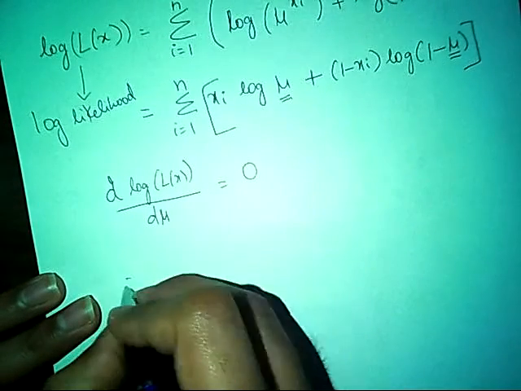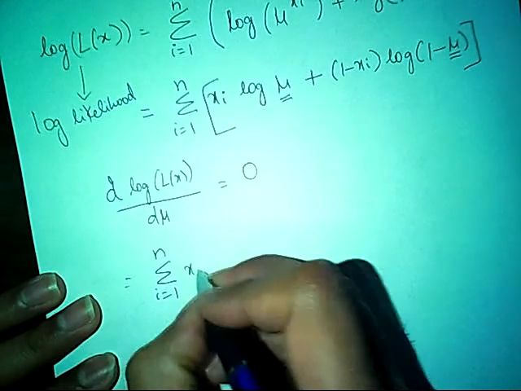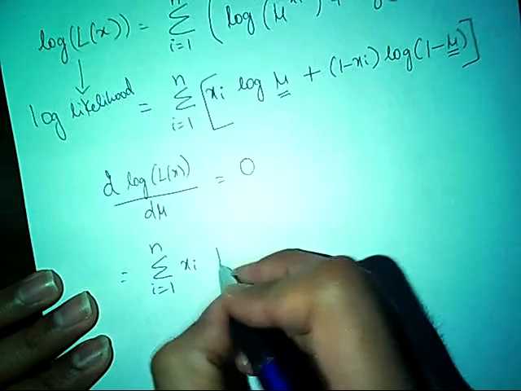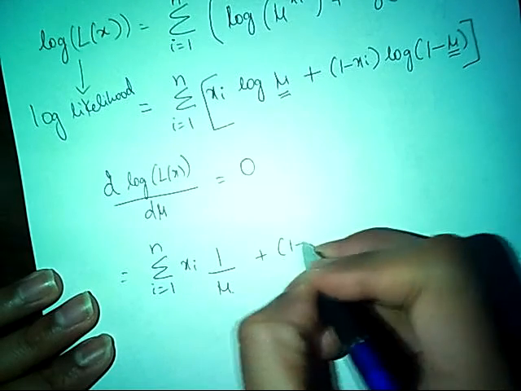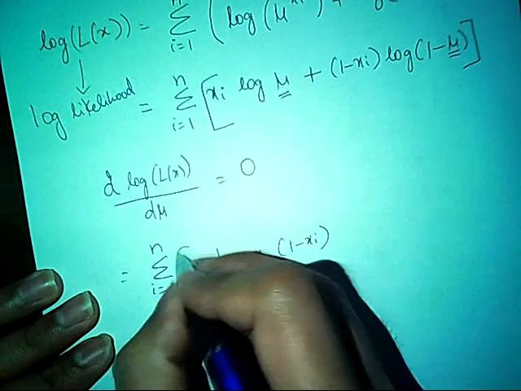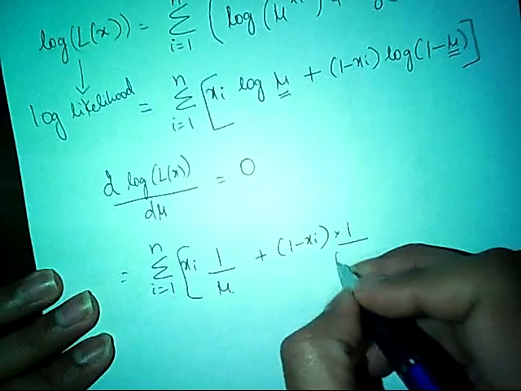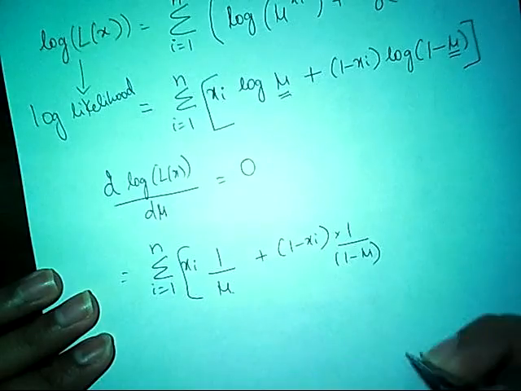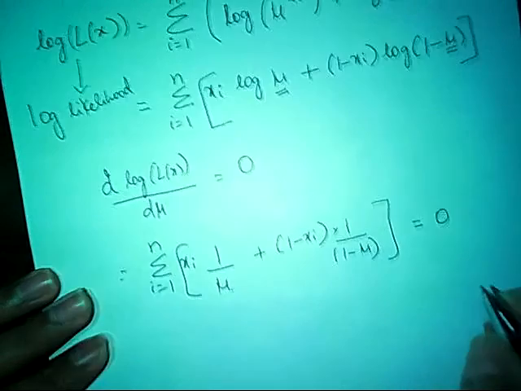So we can see from here that the xi is going to stay as it is. I'm going to get a 1 over mu here, and this is going to stay as it is, and I'm going to get a 1 over 1 minus mu here, and then I'm going to set it to 0.